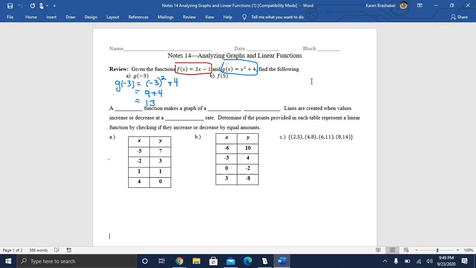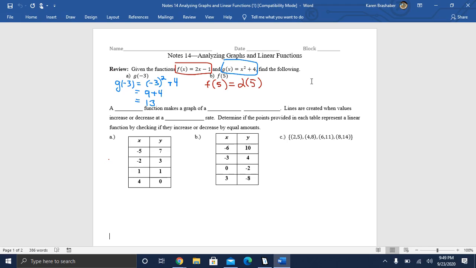And then our second problem, this is review, f of 5. So we'll use the function for f. And again, when we make our substitution of 5 for the x, be sure you use parentheses. So we have 2, then we'll replace the x with a 5.